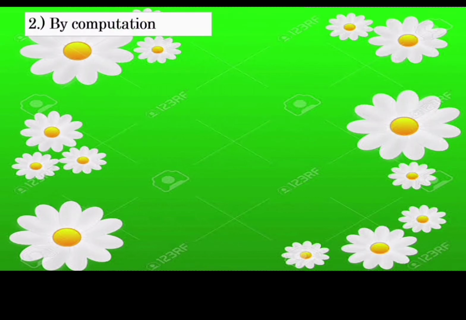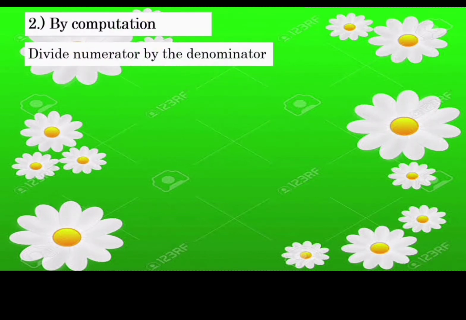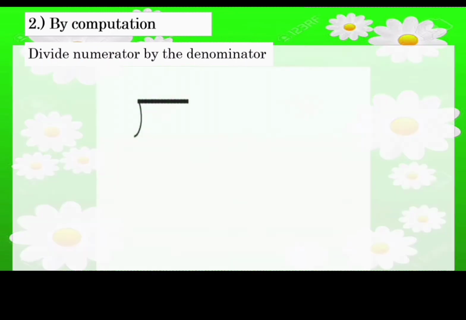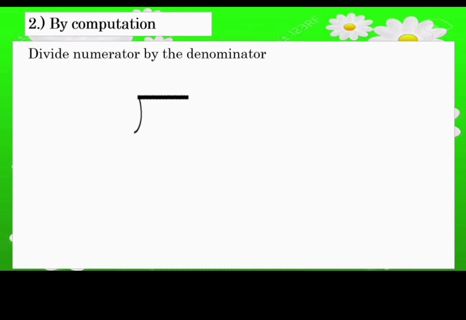The second way to change improper fraction into mixed number is by computation. You need to divide numerator by the denominator. To change 23 eighths to mixed number, we need to divide them. The numerator 23 is our dividend and the denominator 8 is our divisor.